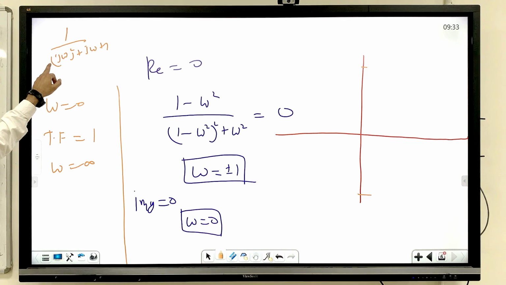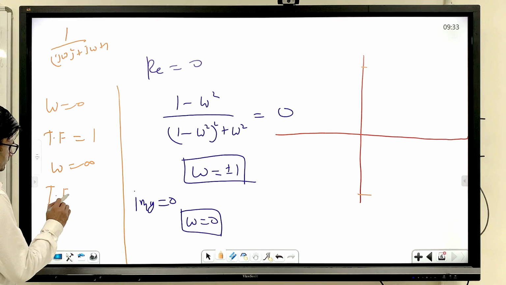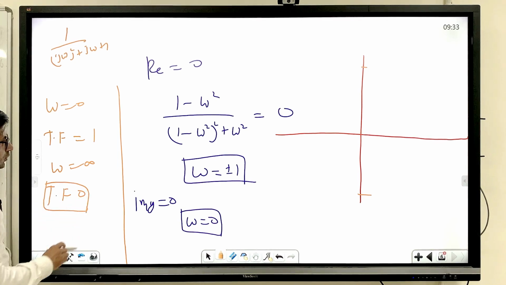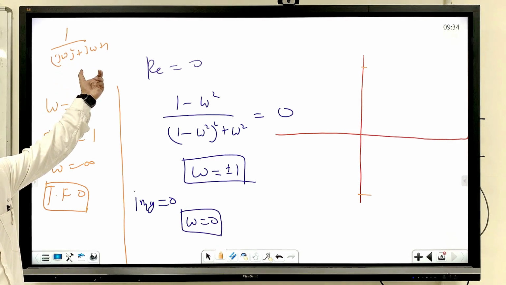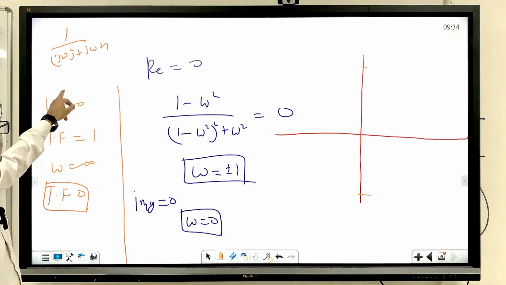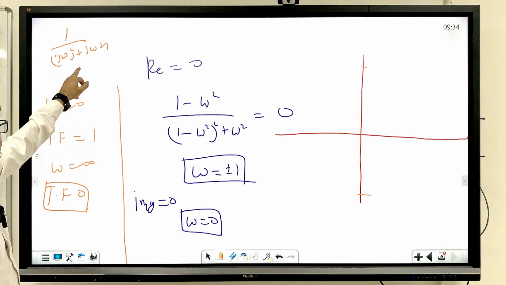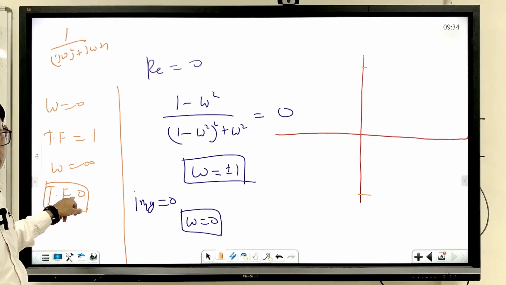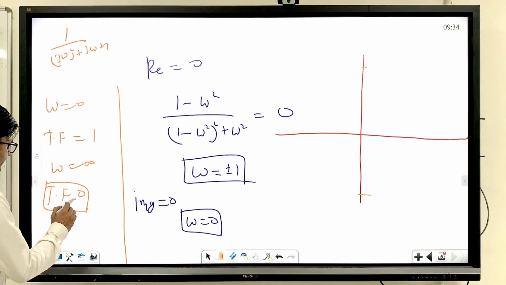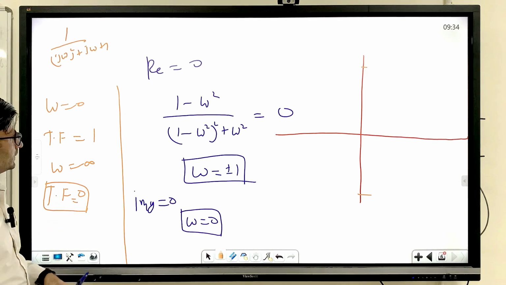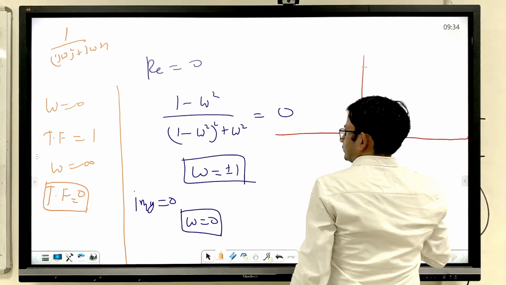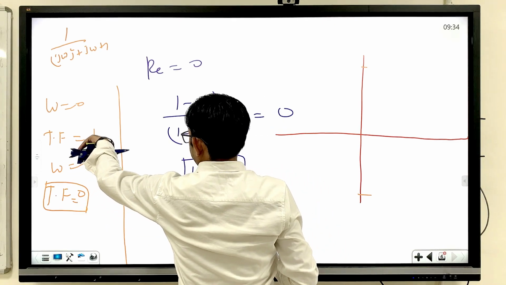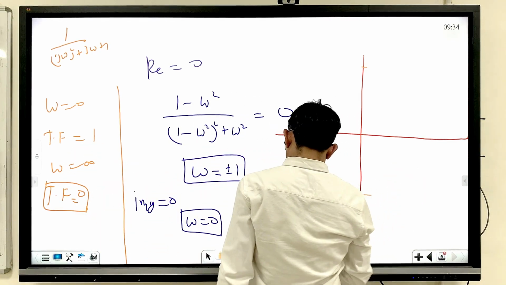And when you put omega equal to infinity, 1 by infinity is 0. So you can see here, only 1 upon s square plus s plus 1. When you put omega equal to 0, you will get 1, and when you put omega equal to infinity, you will get transfer function 0, because 1 by infinity is 0. So that means transfer function is 1, then I can locate this point here, right?